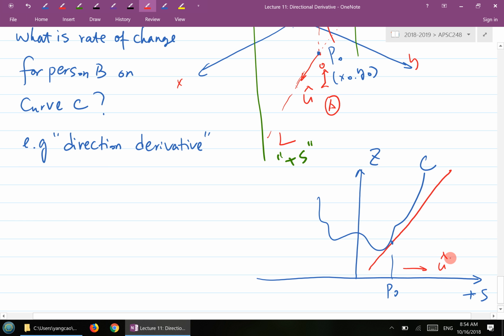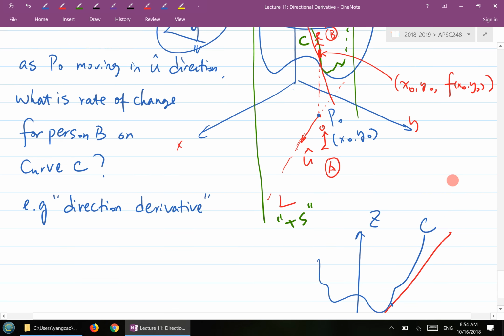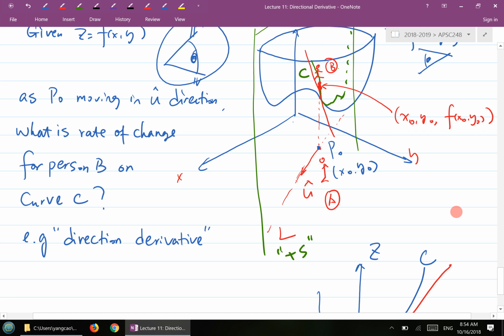Is that clear? Whenever you walk in a certain direction, there will be a rate of change. Next we're going to see that at a certain special direction, you get a maximum rate of change. And what direction will give you the maximum rate of change?